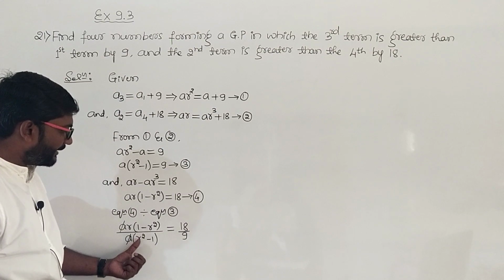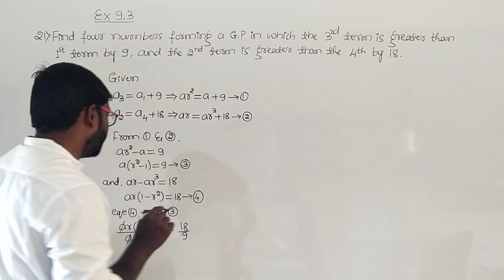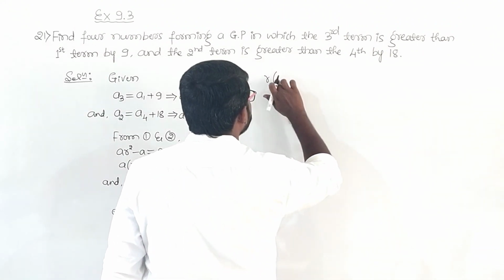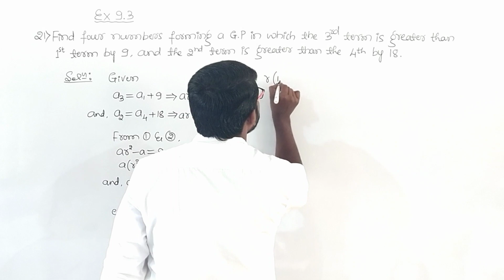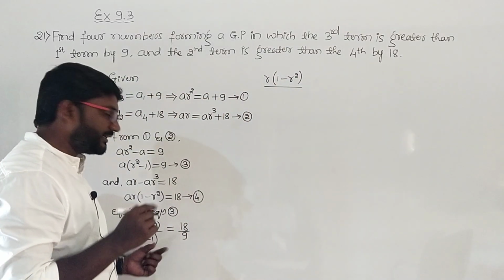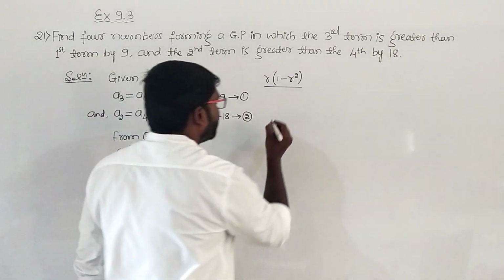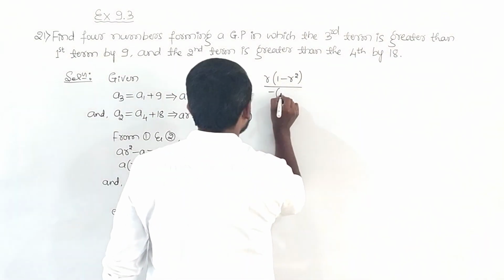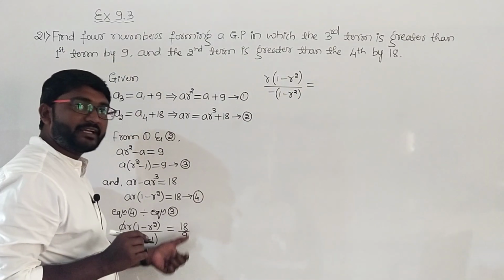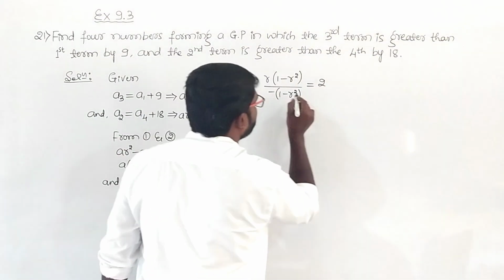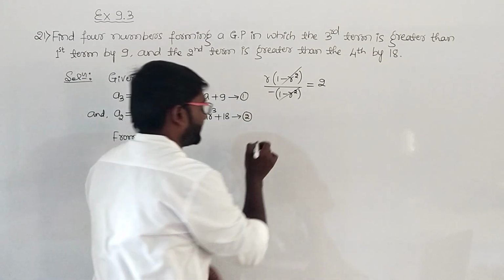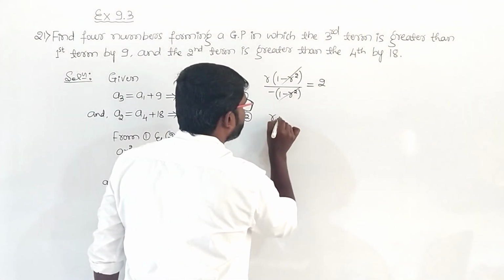I will take minus 1 common in the denominator. So here R into 1 minus R square as it is. Then if you take minus common in the denominator, the terms will be reversed, so we get minus into 1 minus R square, which equals, 9 ones are 9, twos are 18, so we get 2 here. Then 1 minus R square and 1 minus R square cancel. R by minus 1 is minus R. Minus R equals 2, or R equals minus 2.